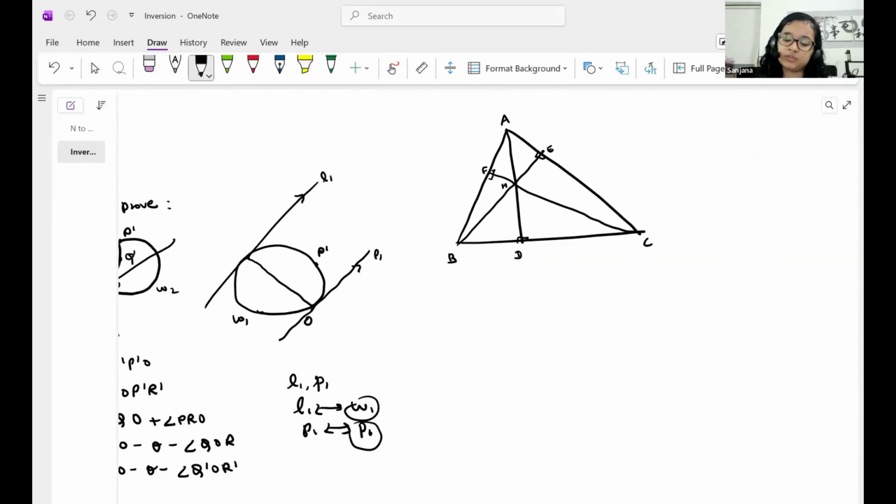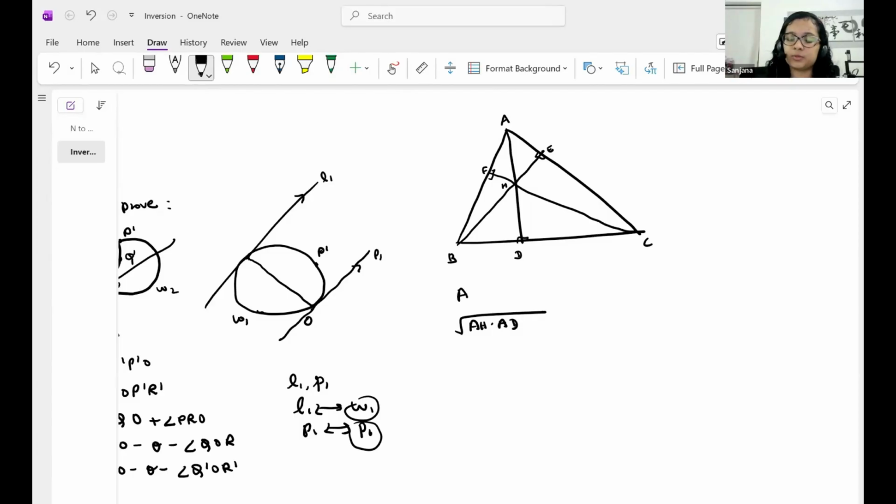And now can someone tell me an inversion at A which is useful in this situation? Root AH times AD. Yes, so the inversion with radius root AH times AD. So this means it's swapping H and D.